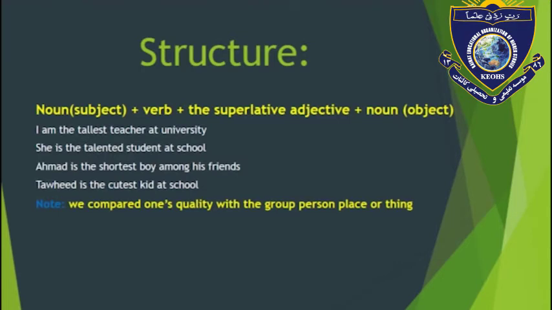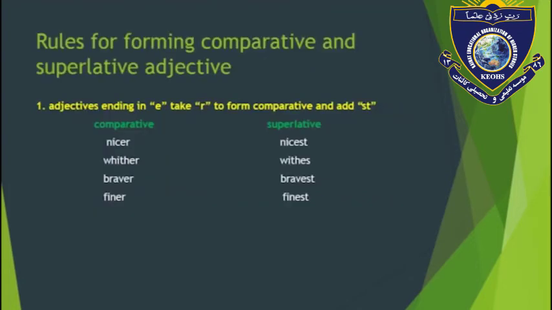She's the most talented student at the school. One student is compared with all students of the school. Ahmad is the shortest boy among his friends. Ahmad has more than 20 or 30 friends, but he is the shortest; we compared Ahmad with his friends. Tawhid is the cutest kid at the school. Here the comparison happened between one person and a group of persons.